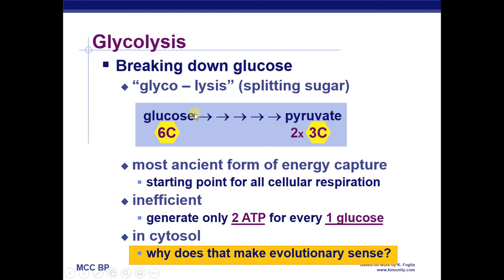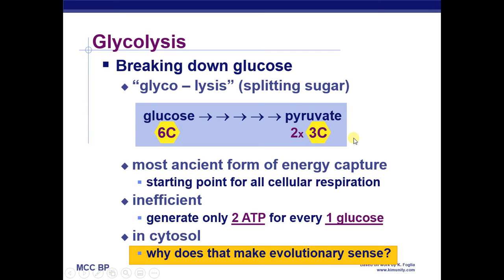After glycolysis, we're left with two halves, each 3 carbons big, and each half we call pyruvate. So in glycolysis, we break glucose down into two molecules of pyruvate that are each 3 carbons. 3 plus 3, 6, perfect.